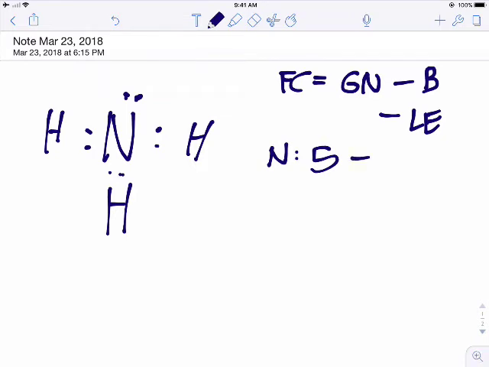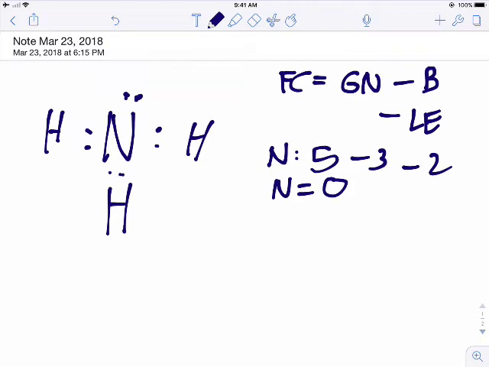We're going to subtract off 3 bonds, the bonds to hydrogen, and then we're going to subtract off 2 lone electrons. So nitrogen's formal charge is 0. Okay? No formal charge. It's effectively neutral.